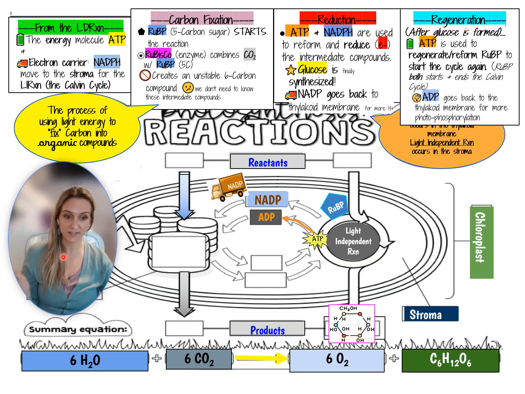Okay, so here we can see all the factors involved for the regeneration phase. You can see I've filled this in for you. ATP is used to regenerate, reform RuBP to start the cycle again. It starts and ends with that. And ADP, love the tired emoji, not much energy.